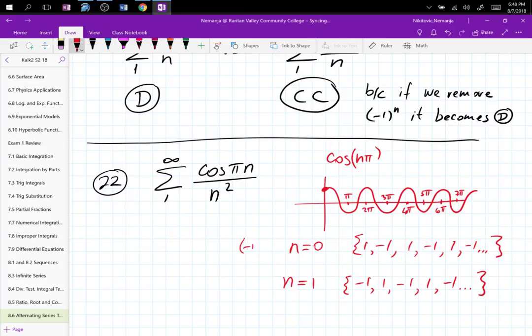So this one is (-1)^n, and this is (-1)^(n+1), because it's shifted by 1.